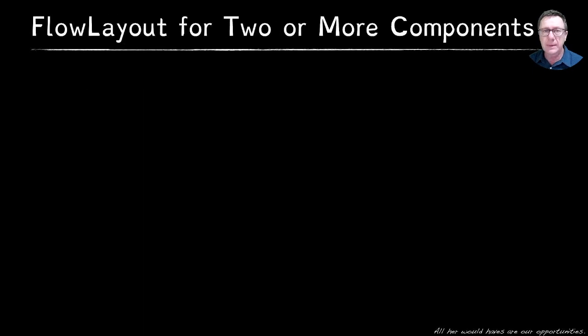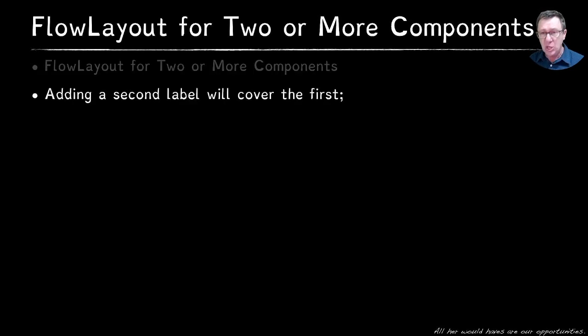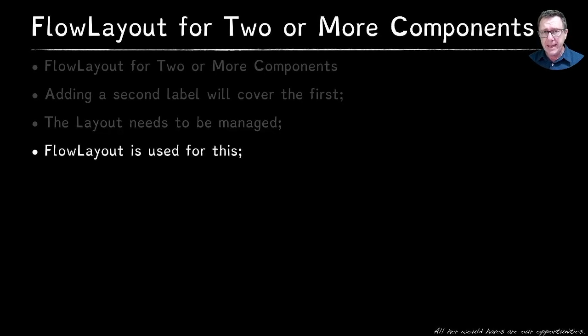Flow layout. Now this becomes really important when we have two or more components that we need to start adding into things. So we're going to work with a second label first. And in this case, we're going to need to manage the layout. All right. And when it comes to managing the layout, flow layout is what is used to manage the flow of the layout that we're creating.